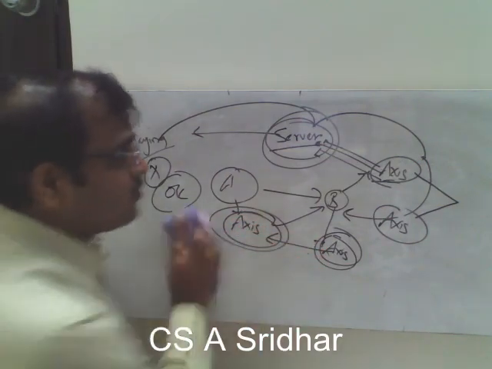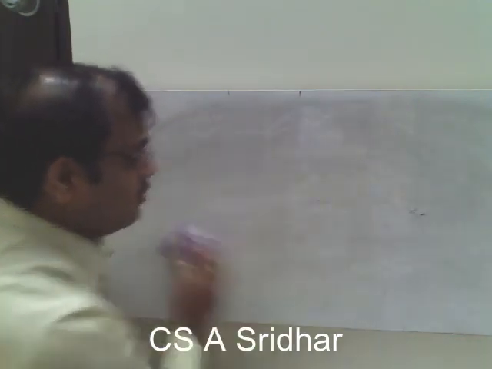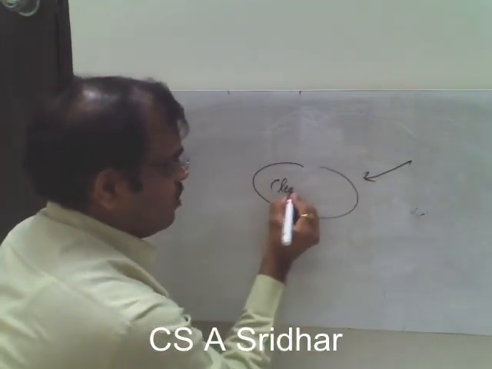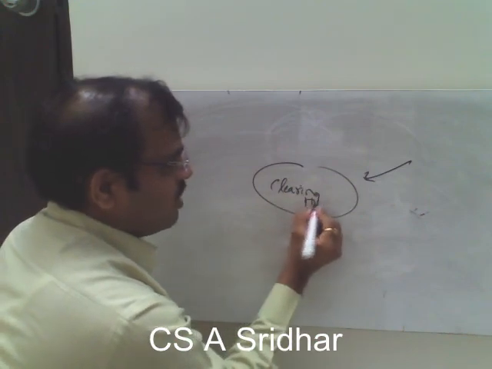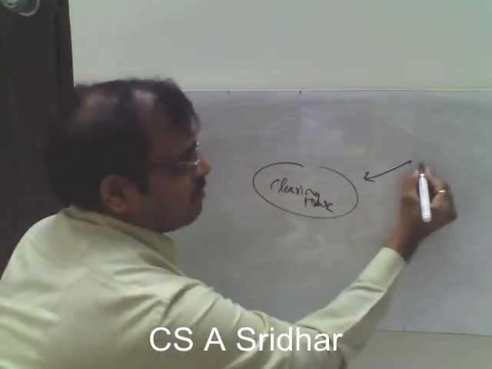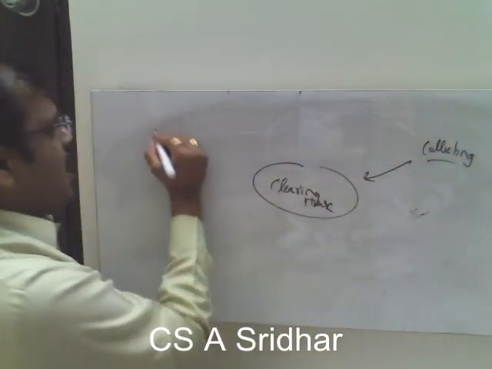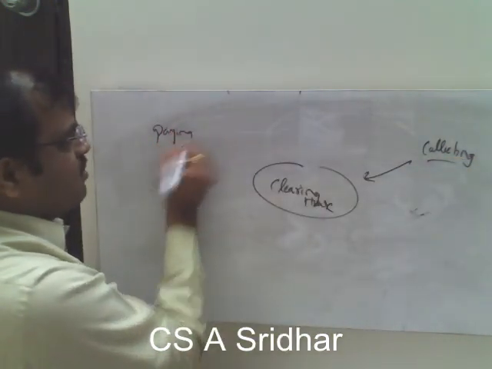The clearing house, what will they do when they are receiving the check? Here you have the clearing house, the collecting banker is there, and here you have the paying banker.